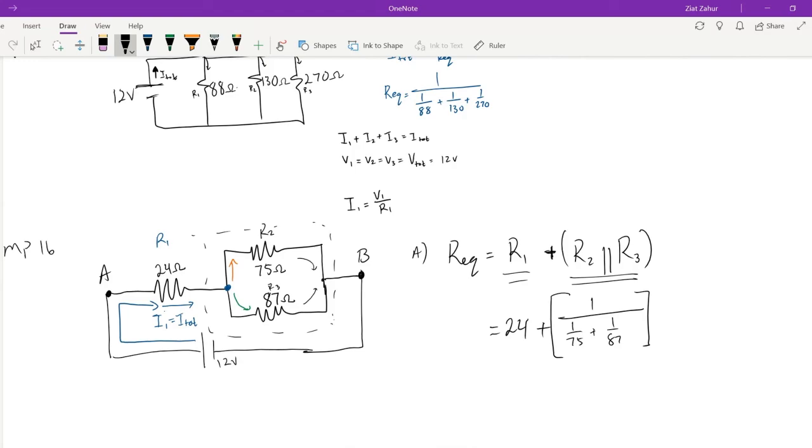If I did product over sum, that gives me 75 times 87 over 75 plus 87. What is 75 plus 87? 162. Plus the one in the front, which is 24. So that's 64.2777. With 2 sig figs, it's basically 64 ohms.